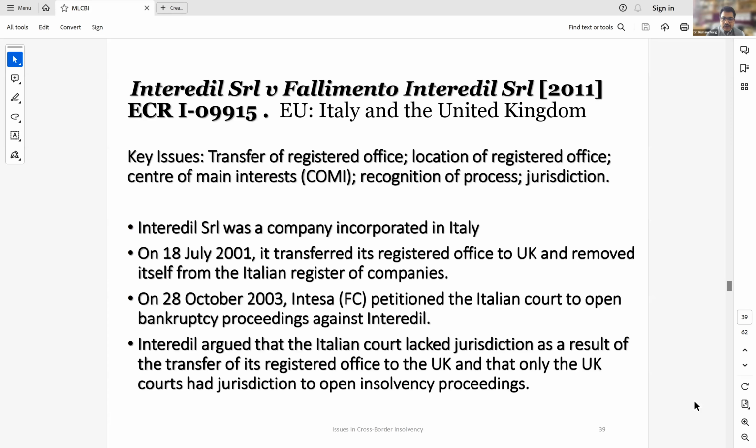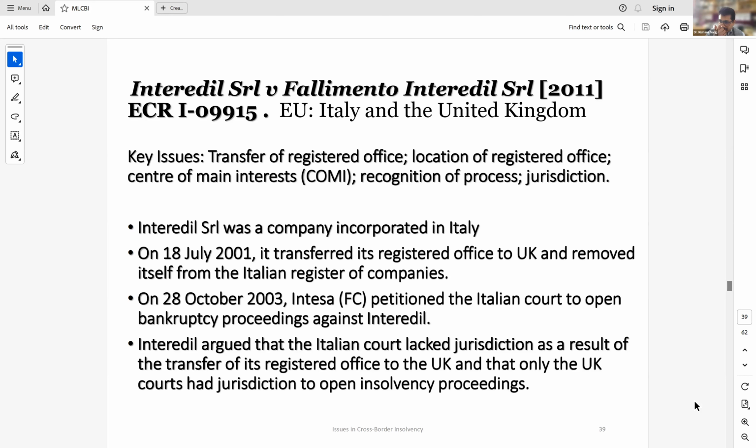So after 2 years, the insolvency case is filed, and certainly the company, which has moved its office from Italy to UK, Interdil argued that I am no longer registered in Italy, so the insolvency application cannot be admitted against me.